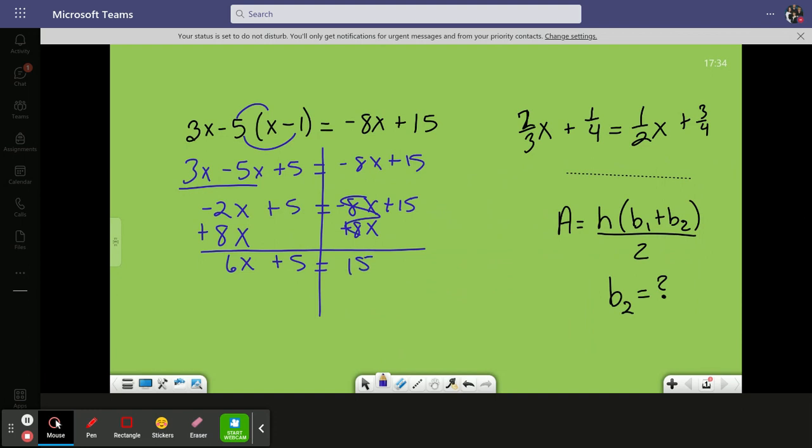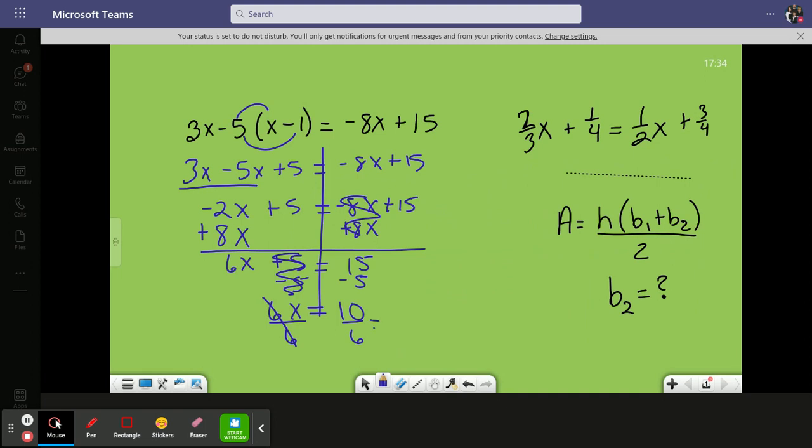All right, so now I'm just going to have to get rid of the 5, and I got that 6 times x is equal to 10, and I'm going to divide by that 6. All right, now, probably including me, we're all going to hit a calculator at that point, right? 10 divided by 6, but you're actually doing more work than what you need to, right? 10 over 6.